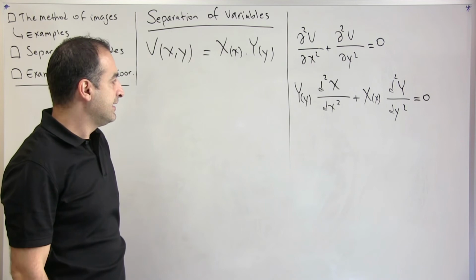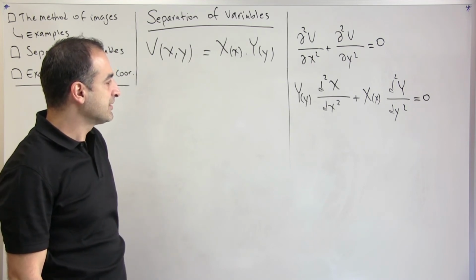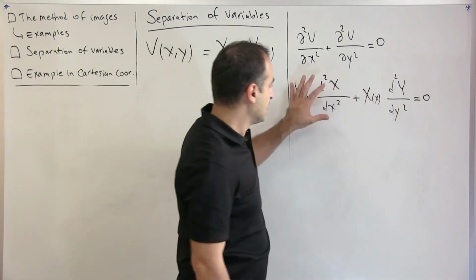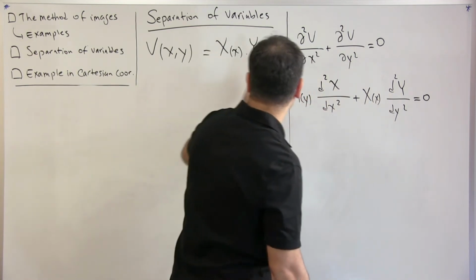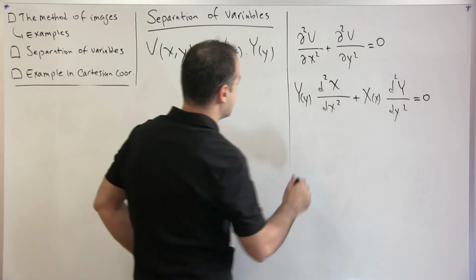Now the next part: I want to divide all terms by Y times X, because I know that's not 0.